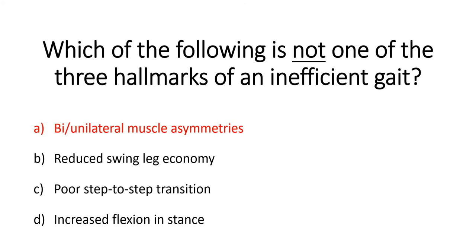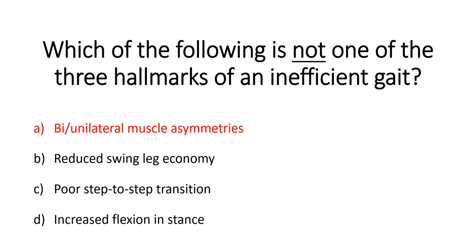An uneconomical or an inefficient gait is characterized by reduced swing leg economy, so wasting energy during the swing phase basically, poor step-to-step transitions, not making the most of the momentum that's gained towards the end of the stance phase and carrying that over to the beginning of the stance phase on the opposite limb, and increased flexion about any limb, could be all, could just be one.